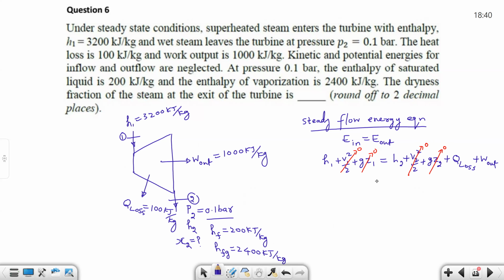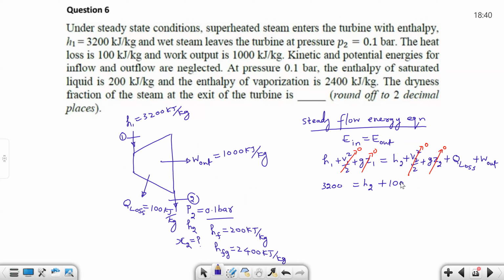Now enthalpy H1 substituted in kilojoule per kilogram is equal to H2, which we don't know, plus heat loss 100, plus work output 1000. You need not follow the sign convention here; energy going in is taken on one side and energy going out on the other.